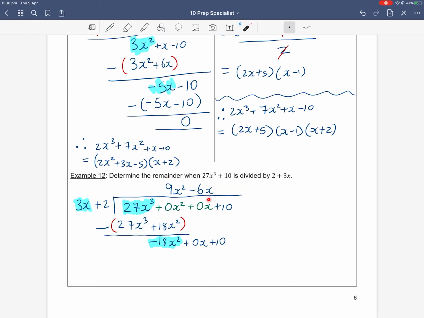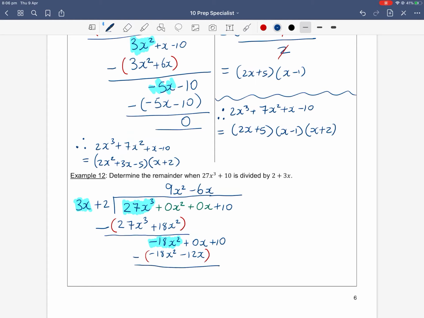So now you multiply through this quotient, negative 6x, with every term in the divisor. So negative 6x times 3x gives you negative 18x squared. Negative 6x times 2 gives you negative 12x. Again, make sure you put brackets around it when you're subtracting to find the remainder.